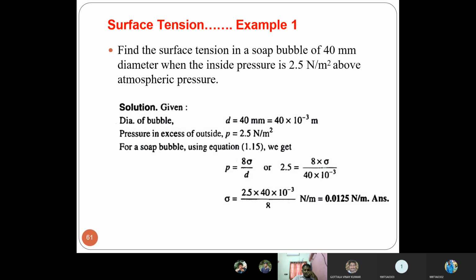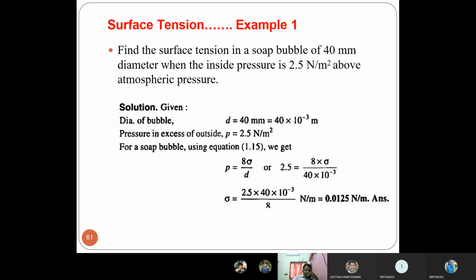Now come to one example problem. Find the surface tension in a soap bubble of 40 mm diameter when the inside pressure is 2.5 Newton per meter square above atmosphere. What is given?